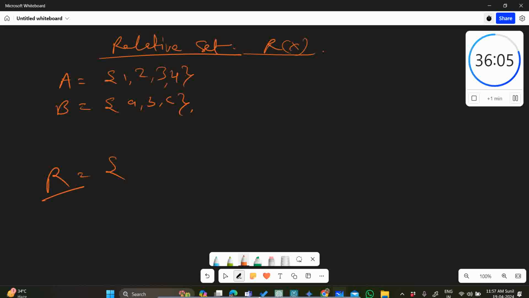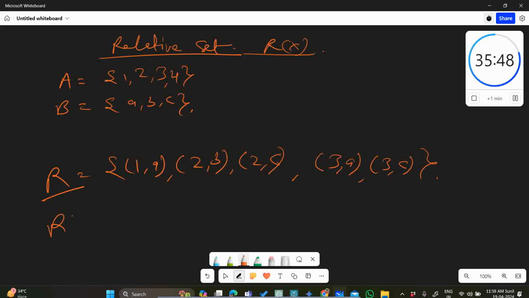Let's say there is a relation R: 1 is related to a, 2 is related to b, 2 is related to c also, 3 is related to a, and 3 is related to c also. Then what will be R inverse for this?